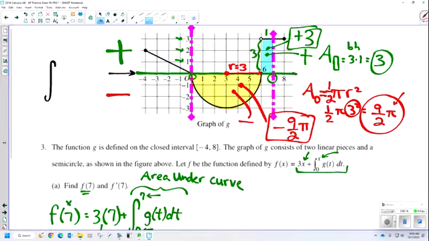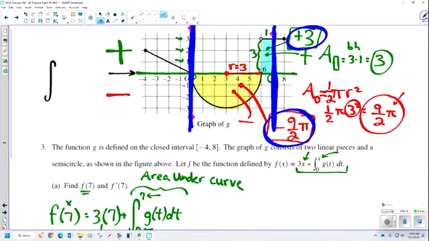So if I want the entire area from 0 to 7, I've got to combine the area of the semicircle and the area of the rectangle. So let's go down here.